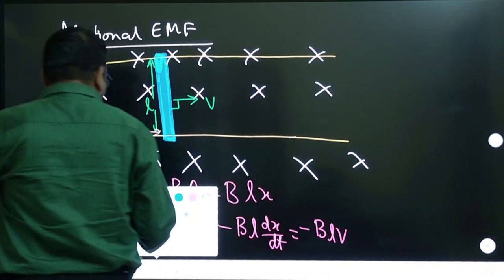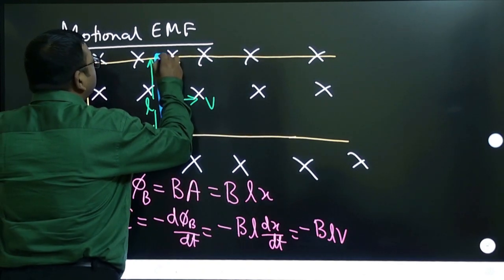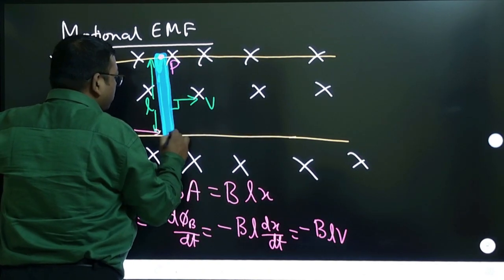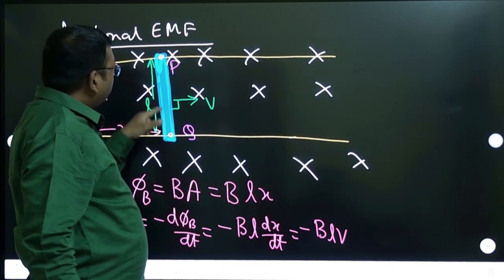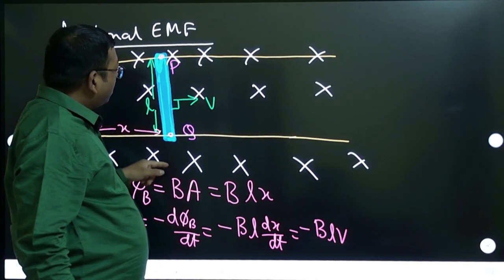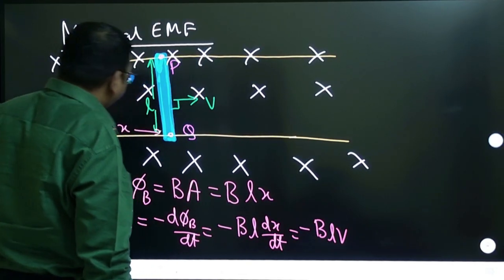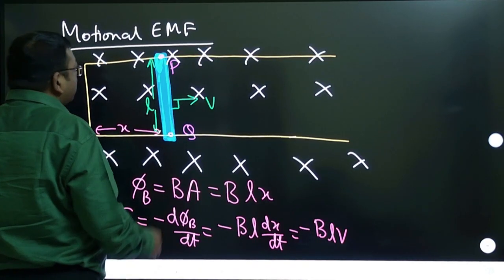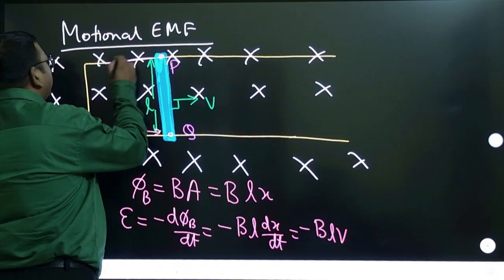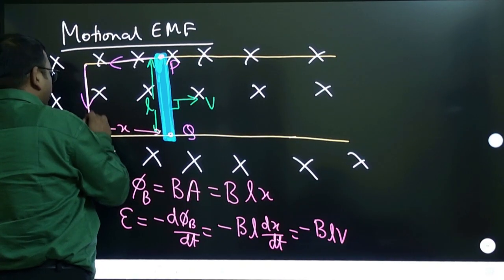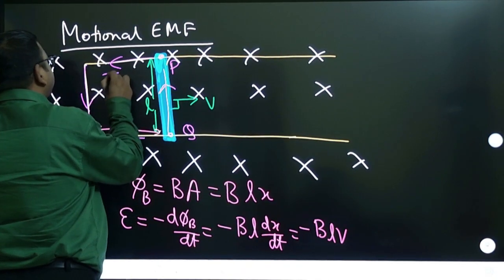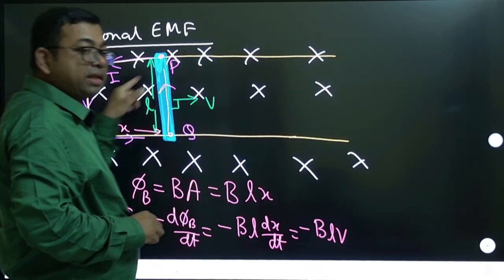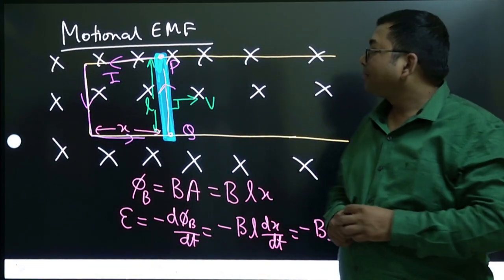For example, I am writing this point as P and this point as Q. Current is going up, right? That means on the outside it will be going this way, right? This is the direction of current. That means here it is anti-clockwise, correct?